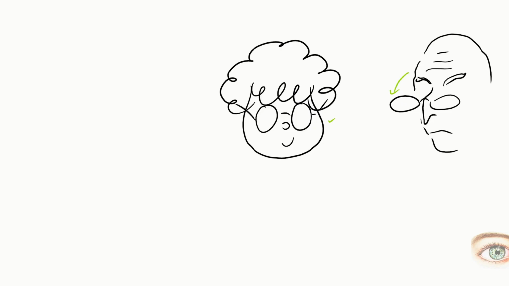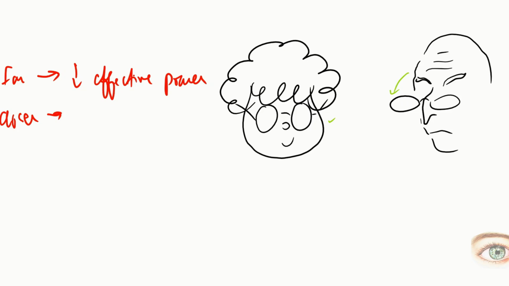So what actually happens? If the prescription is in minus, if the person is wearing a concave lens, taking it far away from the eyes will reduce its effective power. And if the minus lens is closer to the eyes, it's going to increase the effective power of the minus lens.